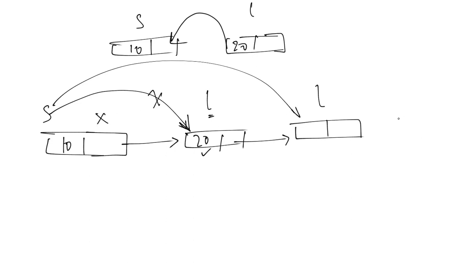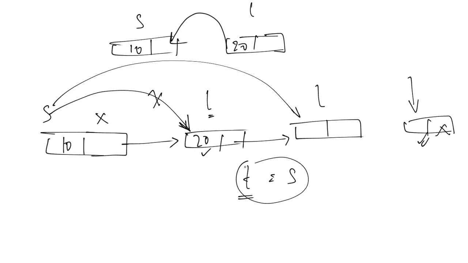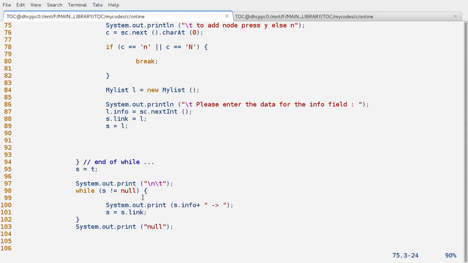So at the end of the iteration, L is going to point to the last node. So that is why I use a temporary variable t where I store the value of s, and since this is the address of the start node, right from the start node we started iterating the list.